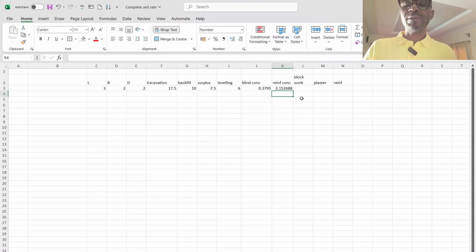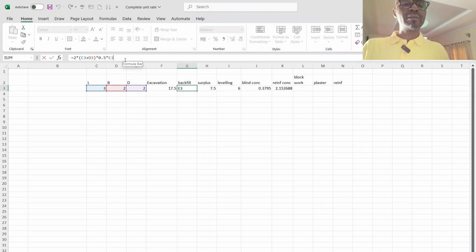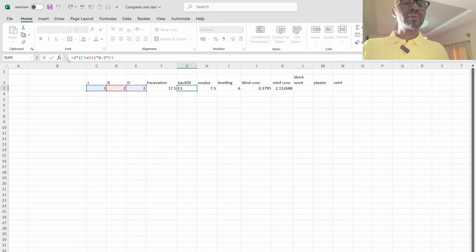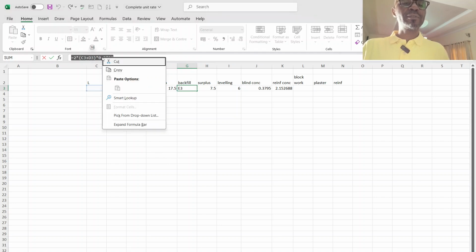So the block work, let me look if I can see a perimeter. Just copy this and modify.